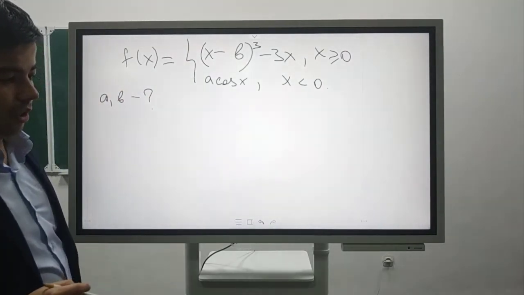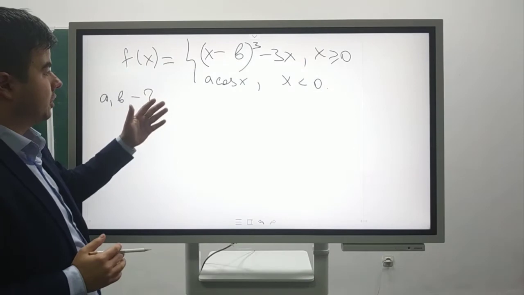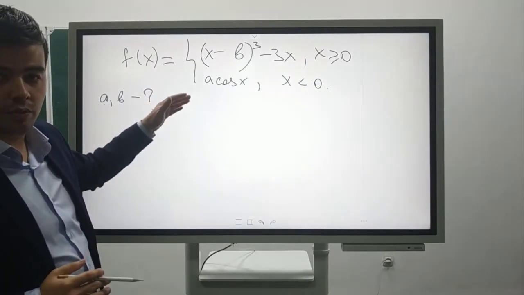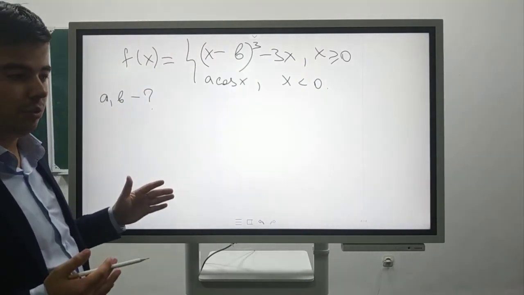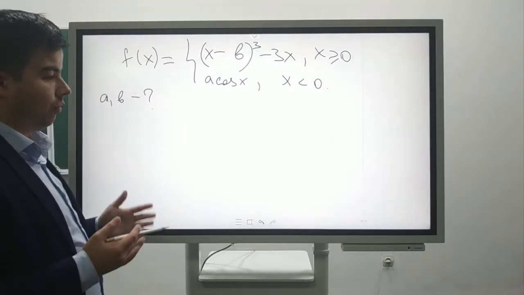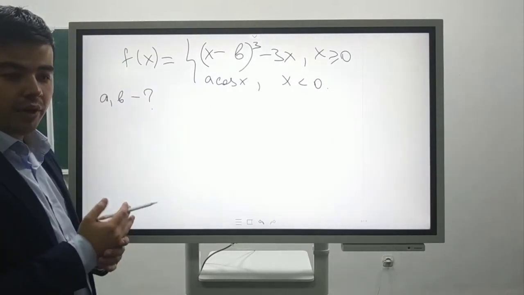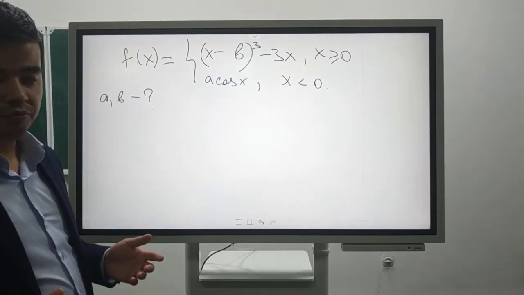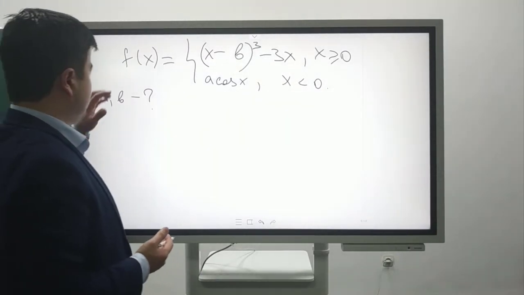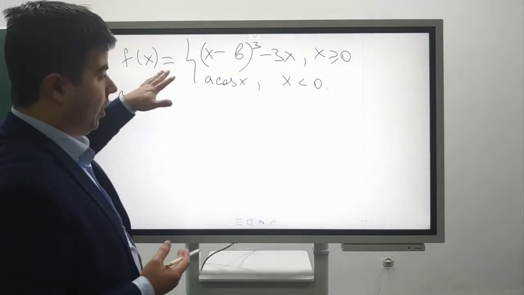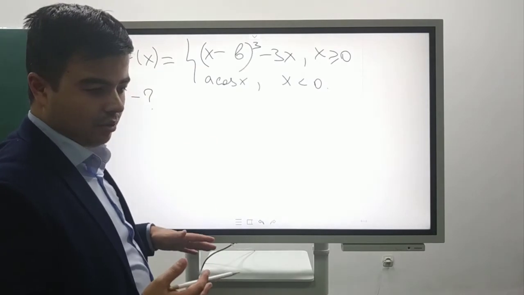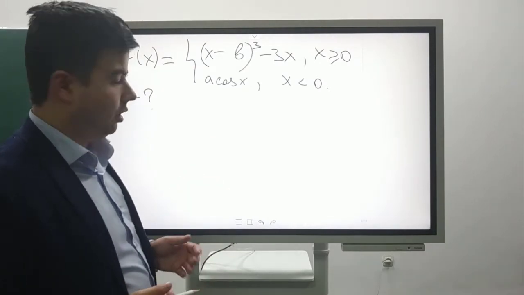So when is f of x differentiable? Firstly, it must be continuous, of course, and what does continuous mean? It means the one-sided limits exist and are equal. The second condition is that the one-sided derivatives exist and they are also equal.